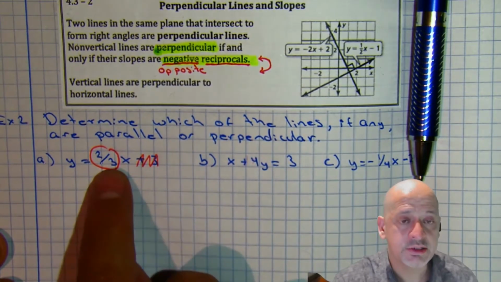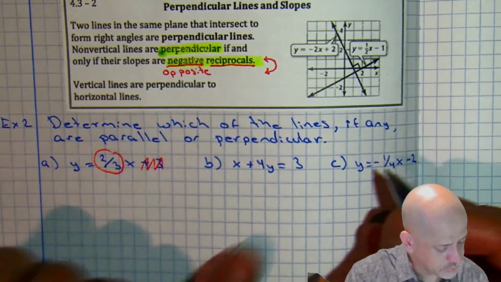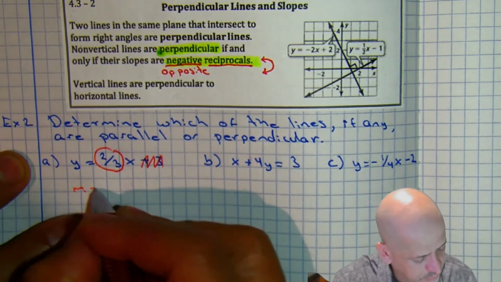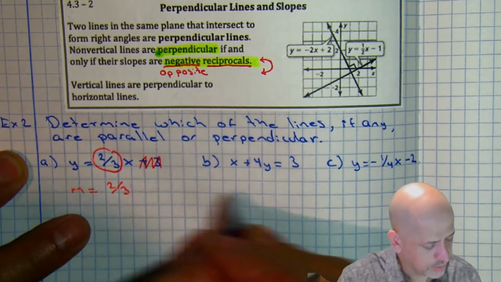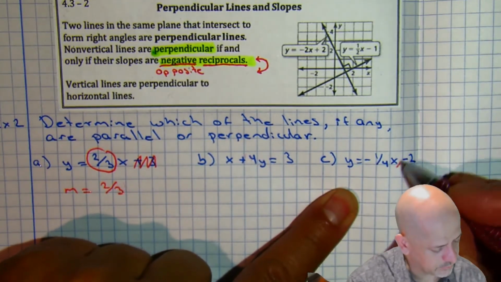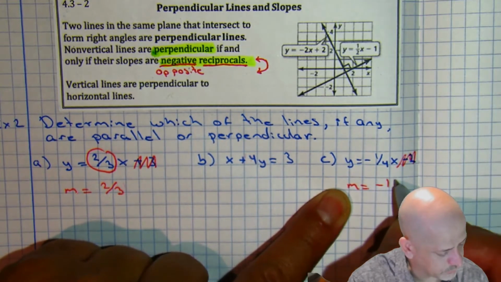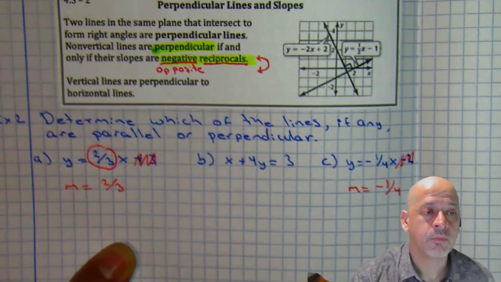The only thing that matters is the slope. And the slope for the second one, so let's write down m equals 2 over 3. Let's go and find the slope for the last one. I'm going to get rid of this number, and my slope will be negative 1 over 4.